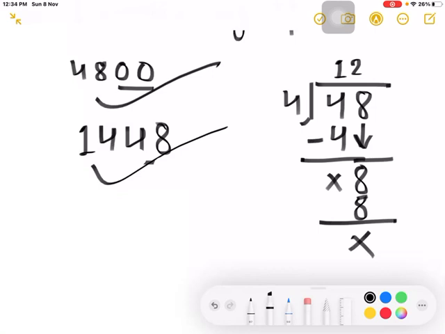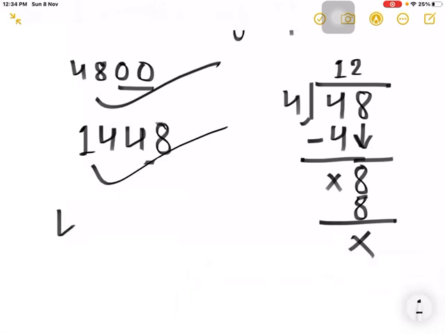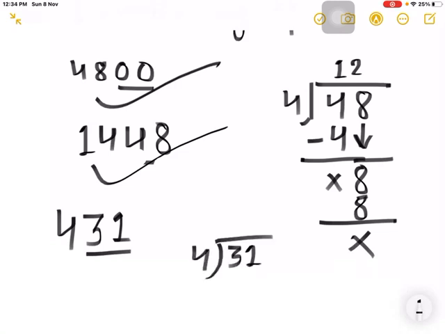So let us take another number like 431. See, the last two digits are not divisible by 4, and the last two digits are not zeros. So if you want to check, then let's check. 4 eights are 32, 4 sevens are 28.